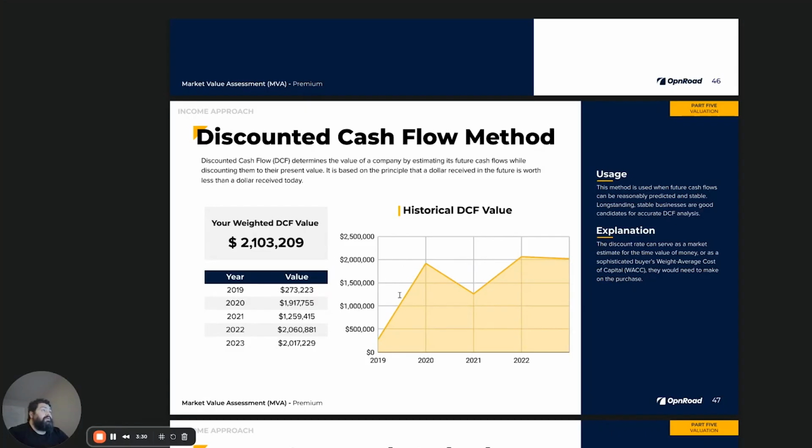The future cash flow is discounted based on the weighted average cost of capital, and it allows us to figure out what the company is worth.